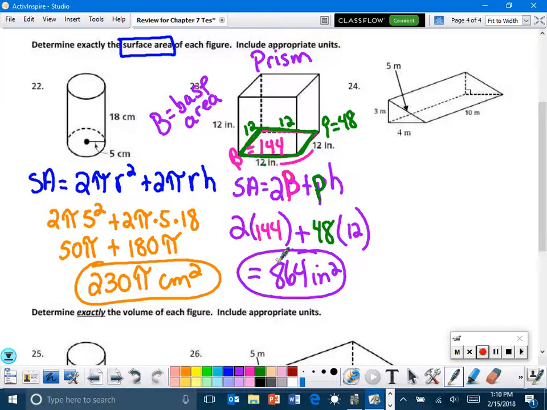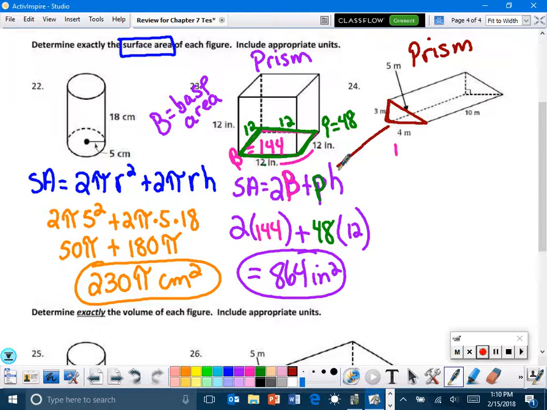Okay. Now, the next one is also a prism, folks. But this one is a triangular prism because the base, even though the base is not necessarily the bottom, the base is a triangle. All right, so that means, I'll color code again, the big B, the base area, so we're going to use the same formula.